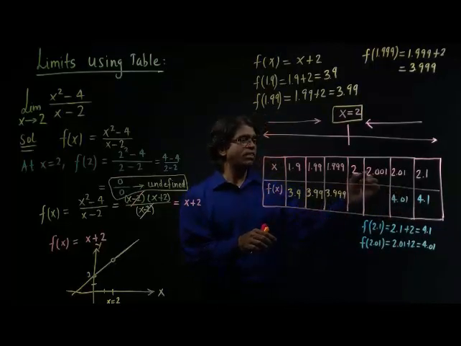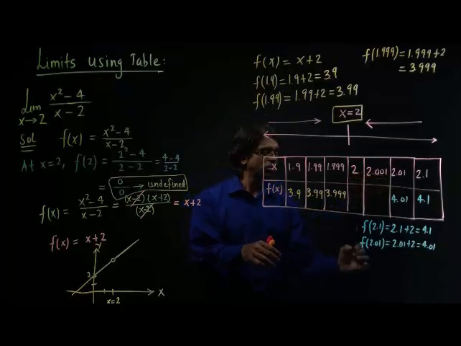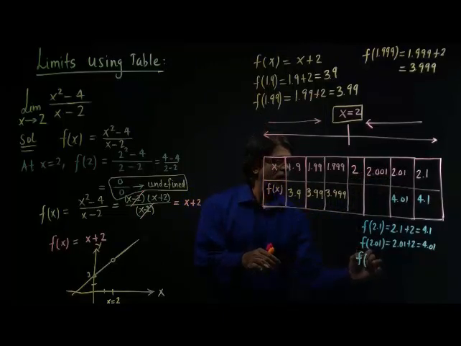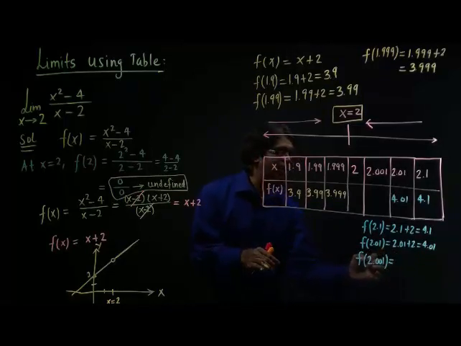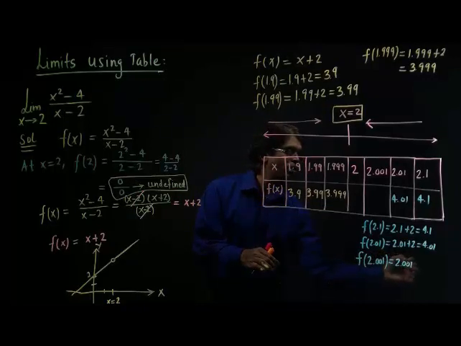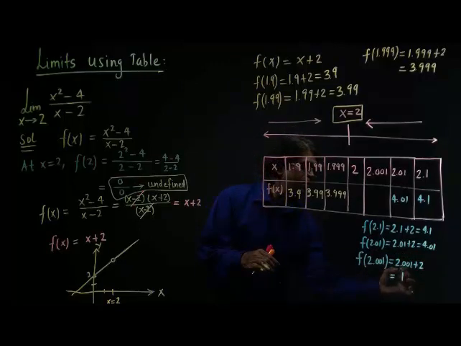The next value of x is 2.001. Let's see what the value of the function will be. At that point I'm going to replace x by 2.001, so I will write 2.001 plus 2, and that will give me 4.001.